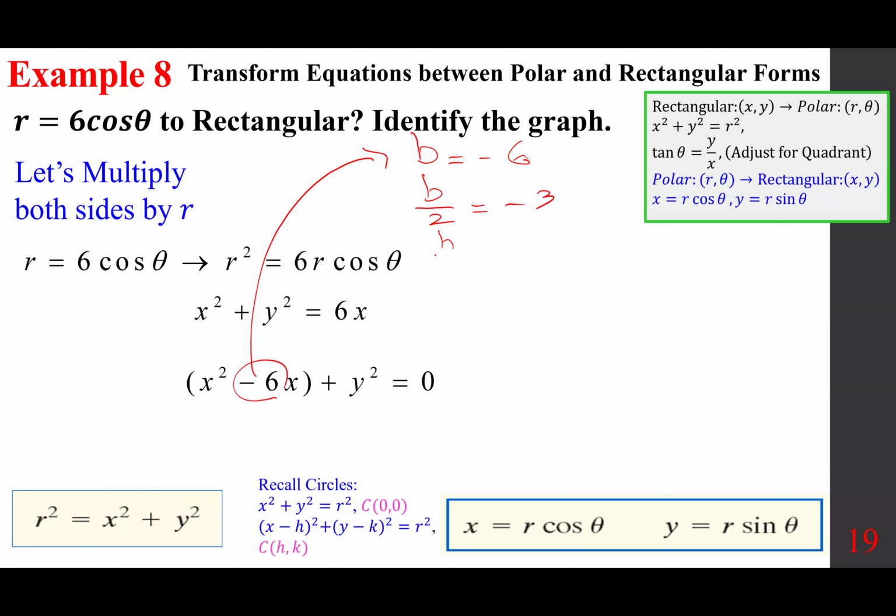Then you have to square that. And that's the number we need to make the parentheses into a perfect square trinomial. So we add number 9 to both sides.